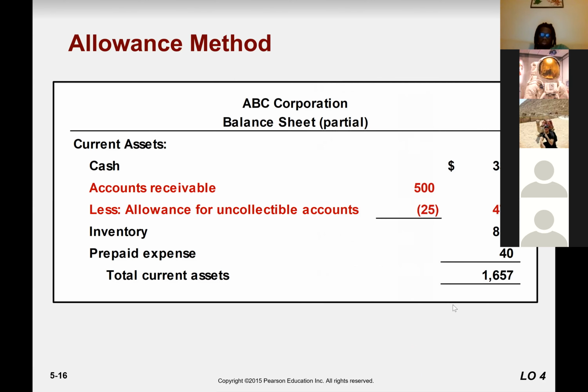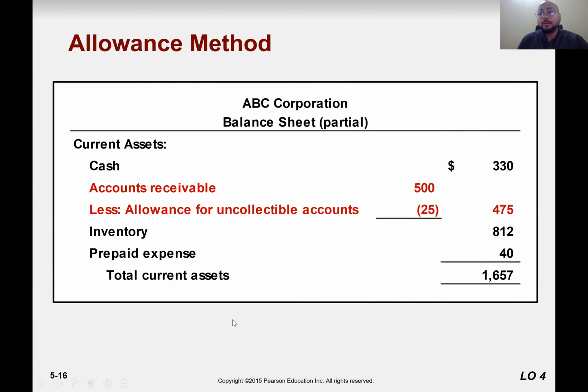So here we go. How are we going to record this on the balance sheet? You see, we have accounts receivable, and according to our plan we would be selling on credit 500 million, right? Through our analysis, we find that $25 million worth of amount is not going to be received.